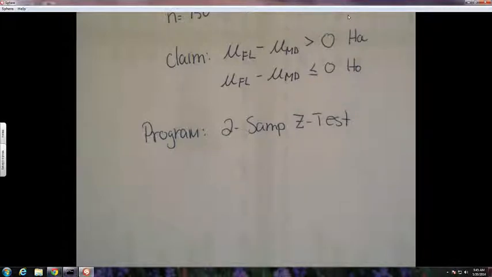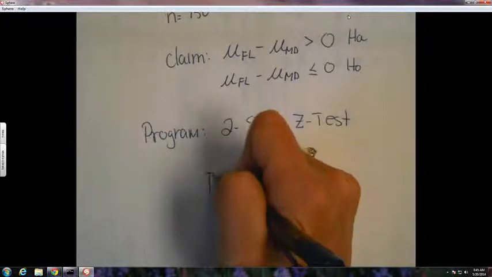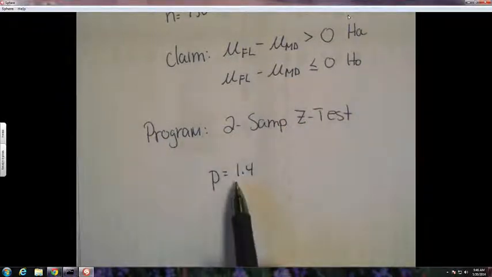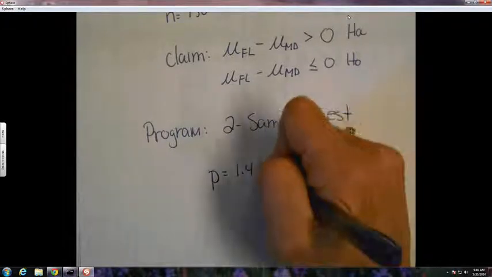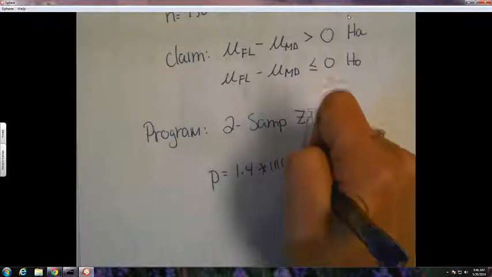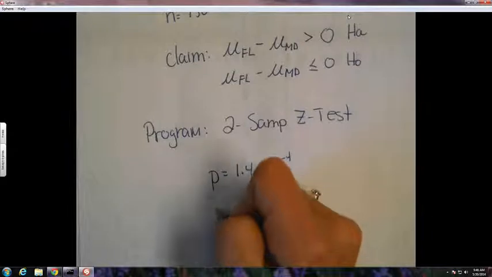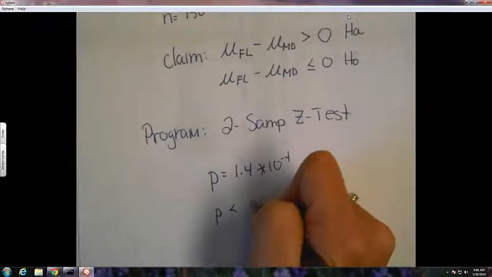1.4 times 10 to the negative fourth. You know that's a probability. It can't be over 1, so that's why I knew it was scientific notation, if I look on the end of that long line of digits. How does P compare back to alpha? Smaller. P is smaller than alpha.